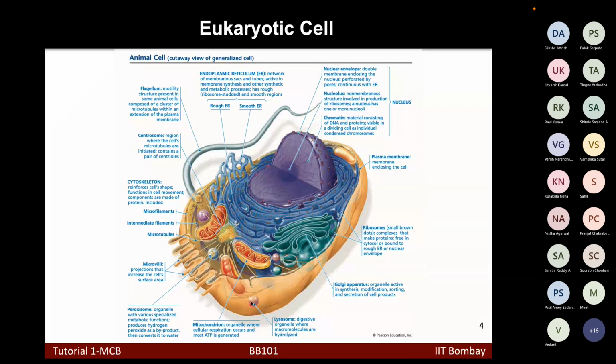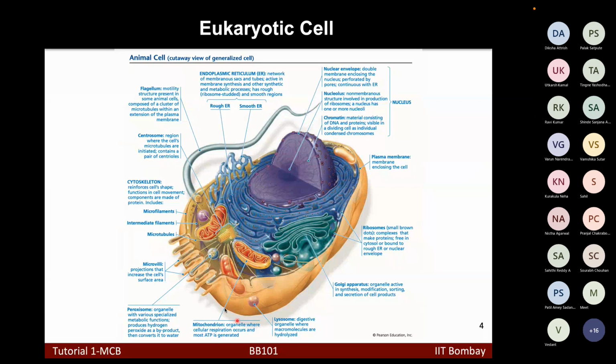Then there are organelles called lysosomes. The lysosomes are involved in cell defense. They produce certain substances which help defend the cell from bacteria and other microbes. They also are involved in destruction of macromolecules, when they're in excess or when they have already reached their expiry date.